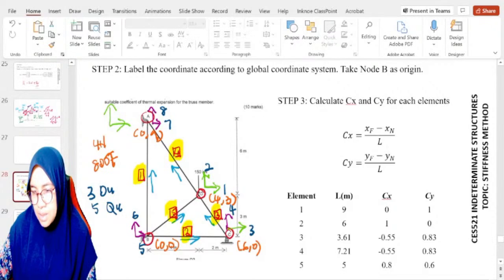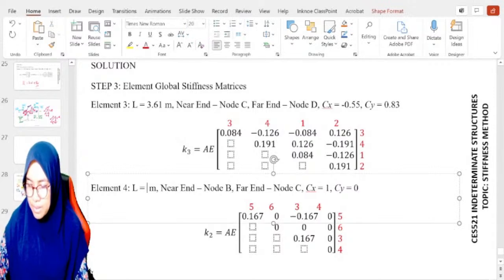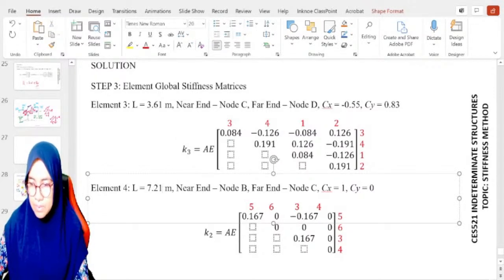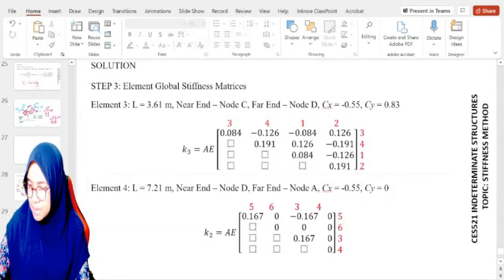So it is 7.21 from D to A. It is negative 0.55 and 0.83.